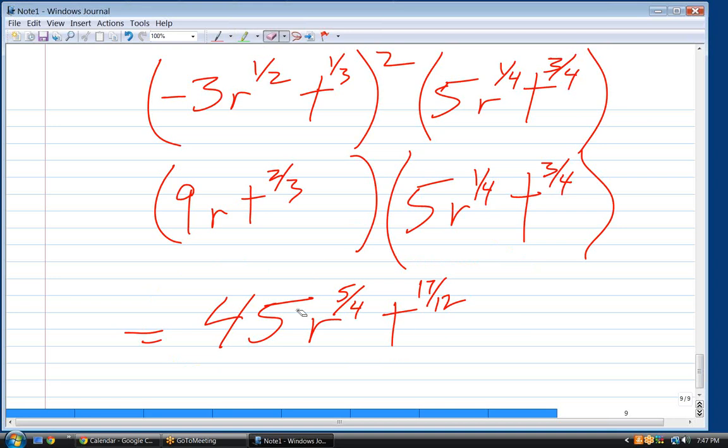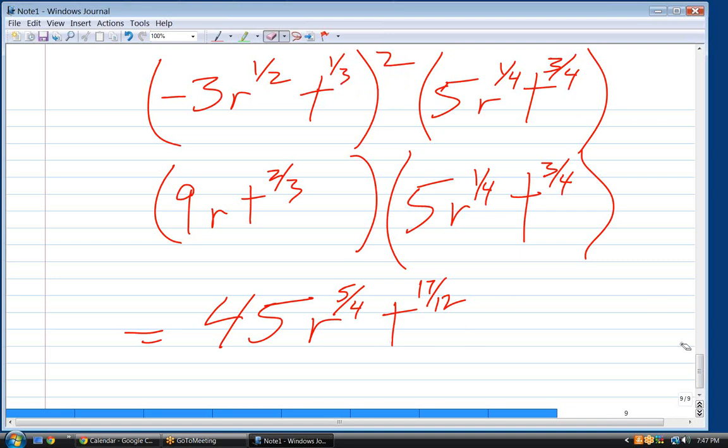The key thing to remember on these problems is that, like I said, I call this double exponentiation. I don't think that's what mathematicians call it, but it seems to make sense. We're exponentiating t and then we're squaring the whole thing. So whenever you're doing double exponentiation, multiply your exponents.